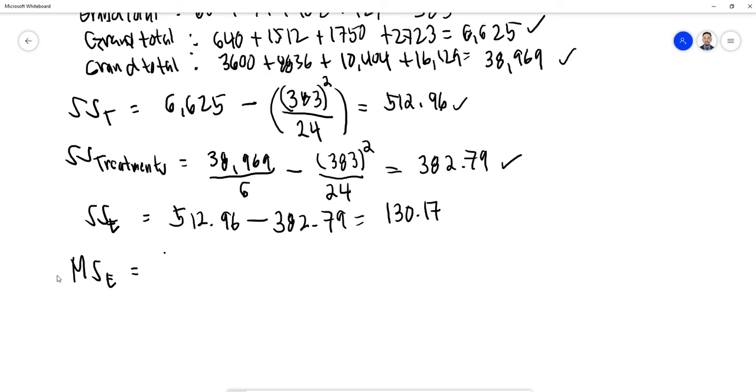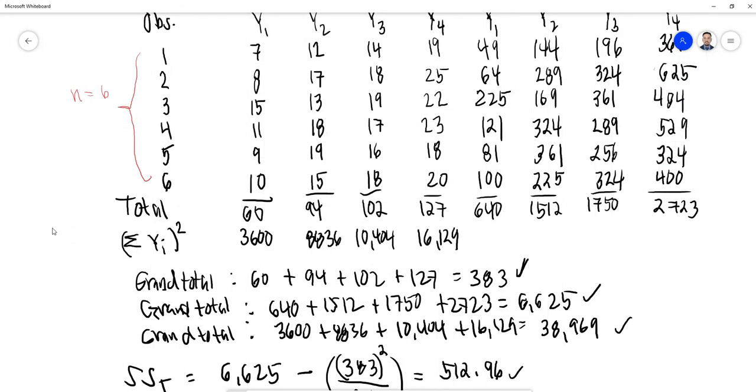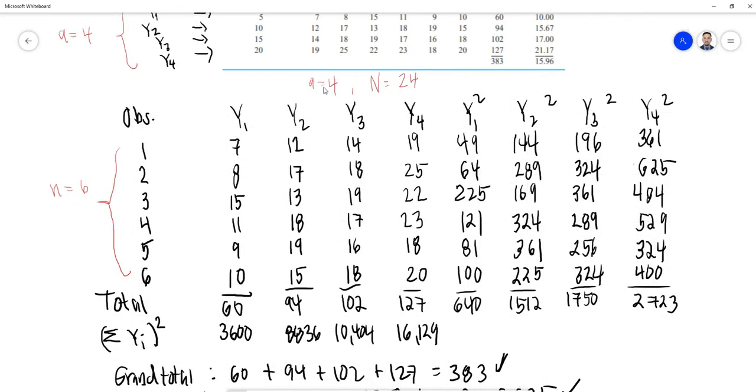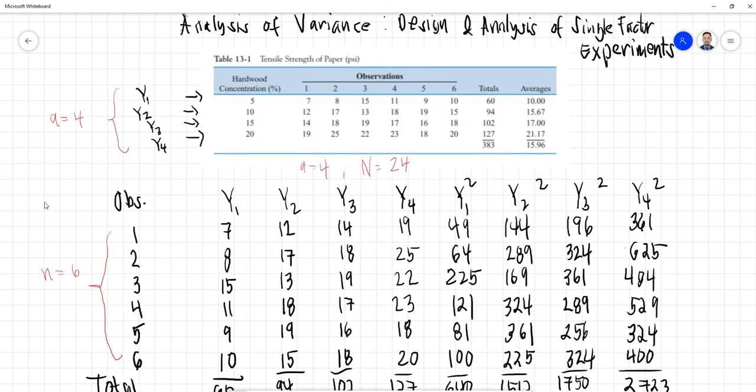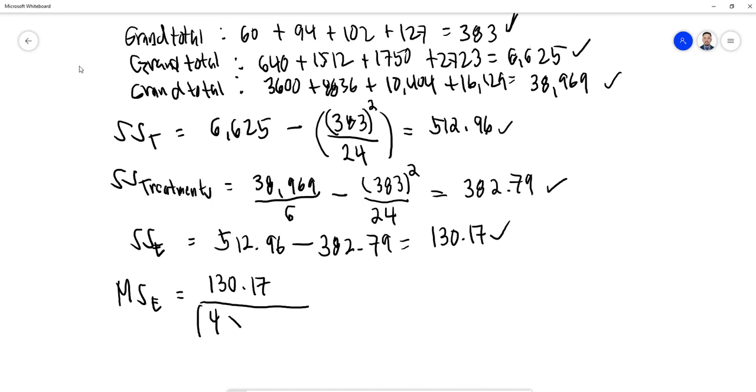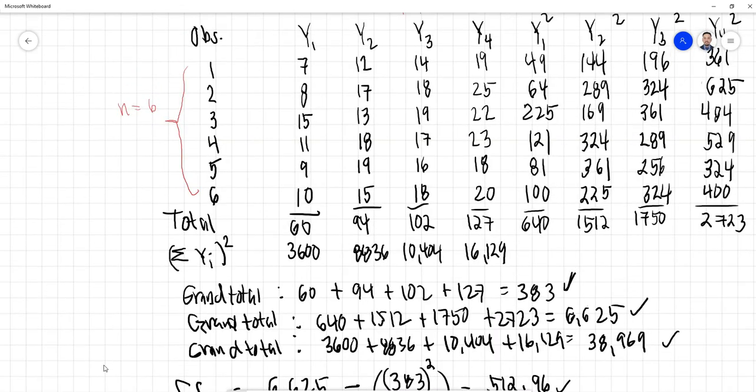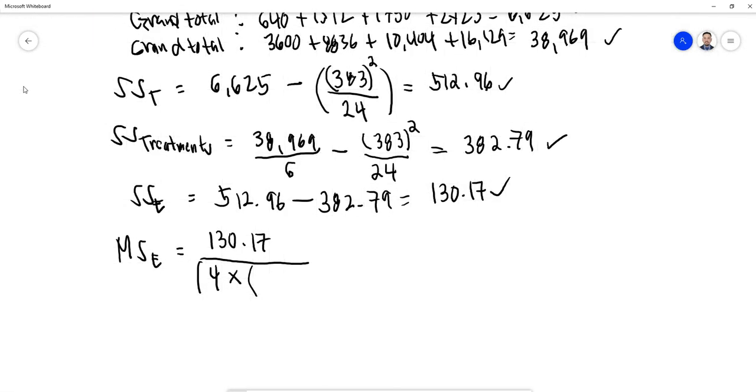We have SSE, 130.17, divided by 4, which is the small letter a, the number of levels, multiplied by 6, which is the small letter n, minus 1.